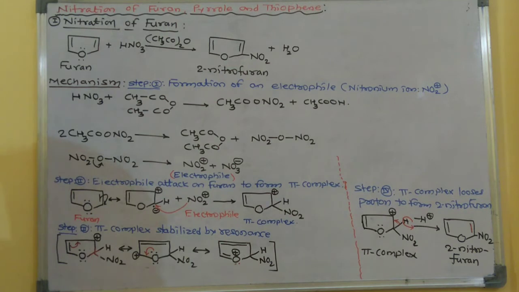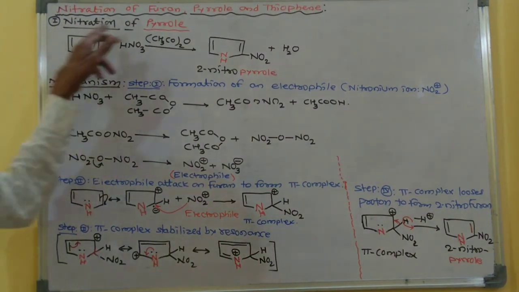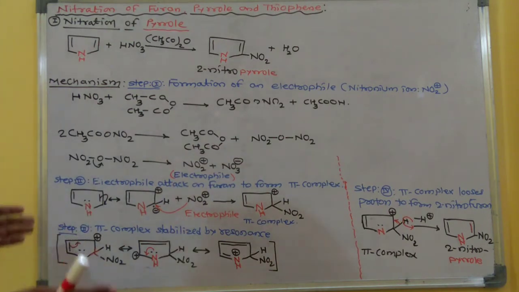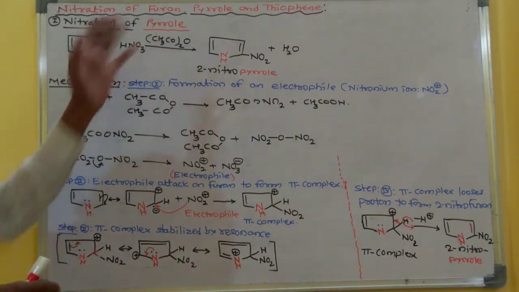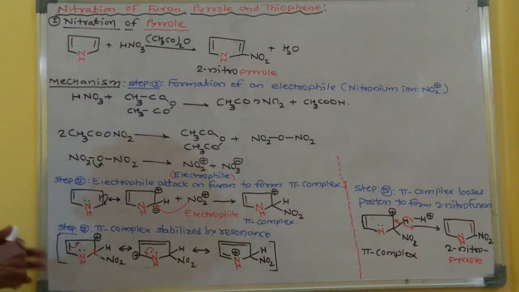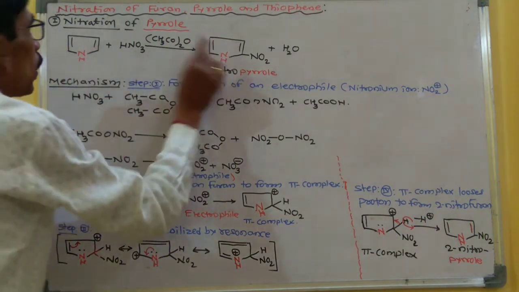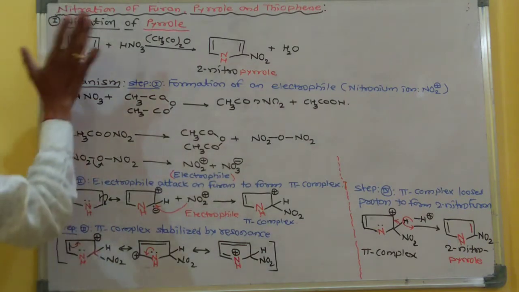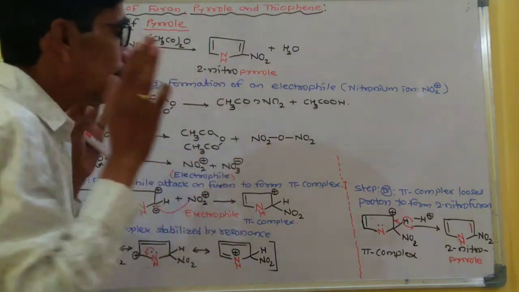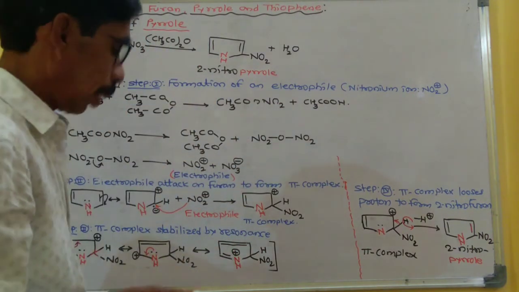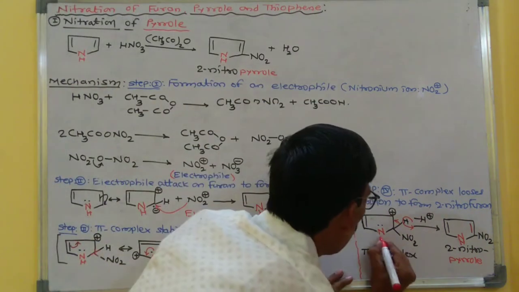Okay, done. The next stage is the nitration of pyrrole. Now what is the difference between the nitration of pyrrole and furan? The only difference is that in place of oxygen we have substituted NH. The remaining part of this reaction as well as the mechanism is the same.